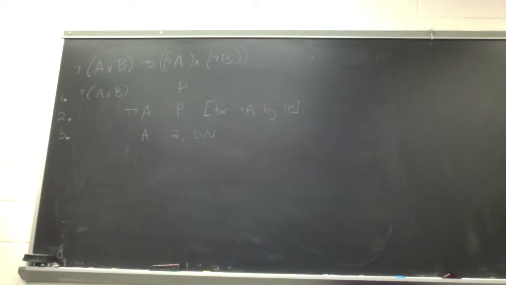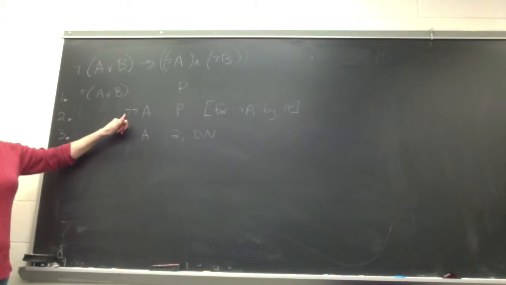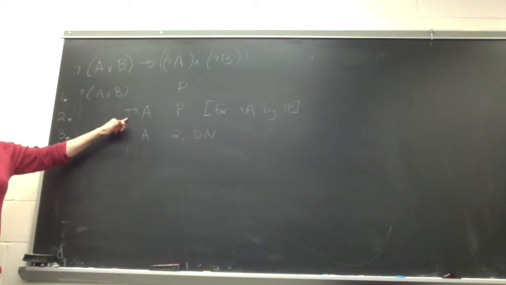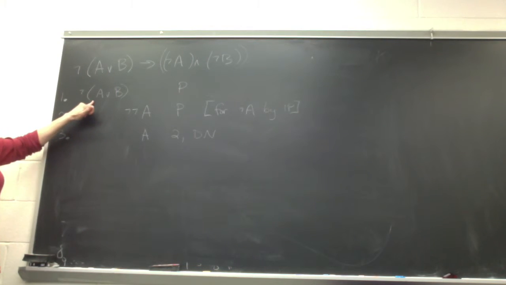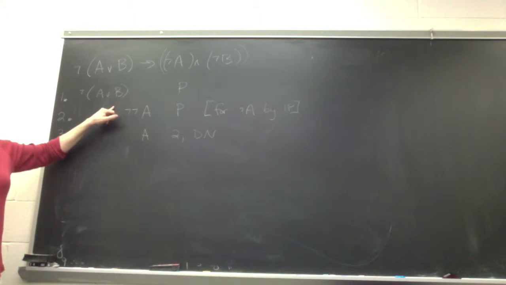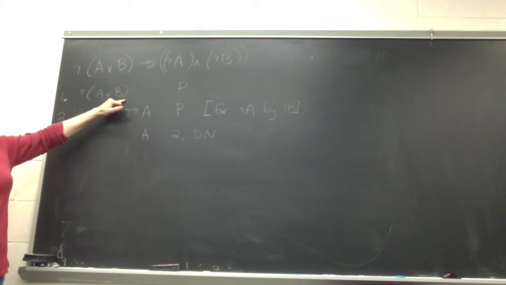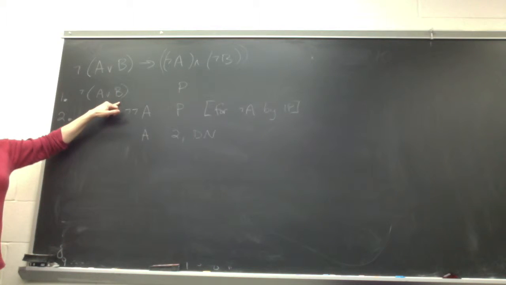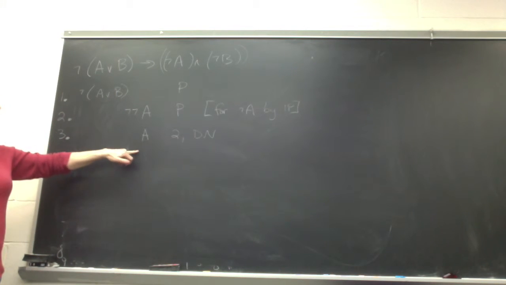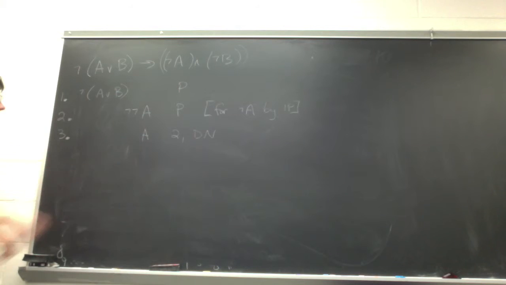The only thing I have above me is this one, which isn't going to help me get a contradiction because that's the same thing, right? Or this one, which says not A or B, right? If I know A is true, can I get a contradiction? How would I get a contradiction with this? I'd need a not A or B as well as an A or B, right? Can I get an A or B in my subproof? You bet, right? By what rule?